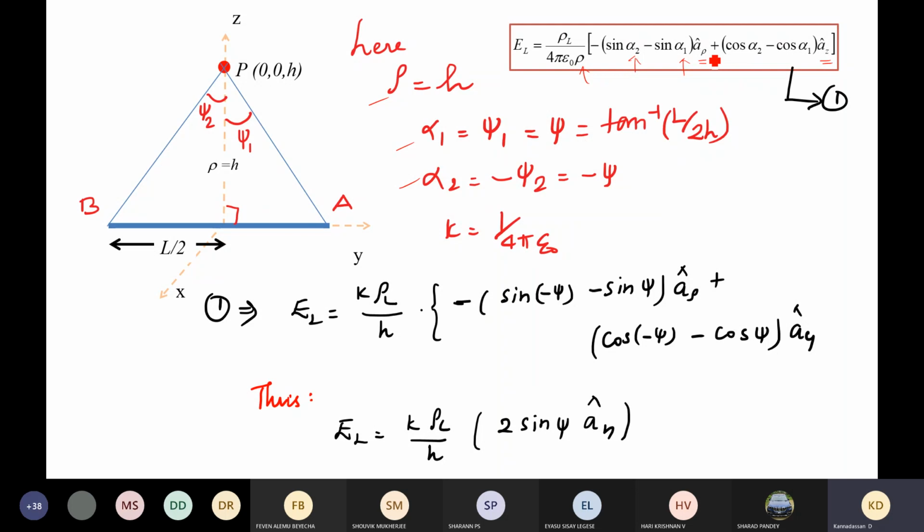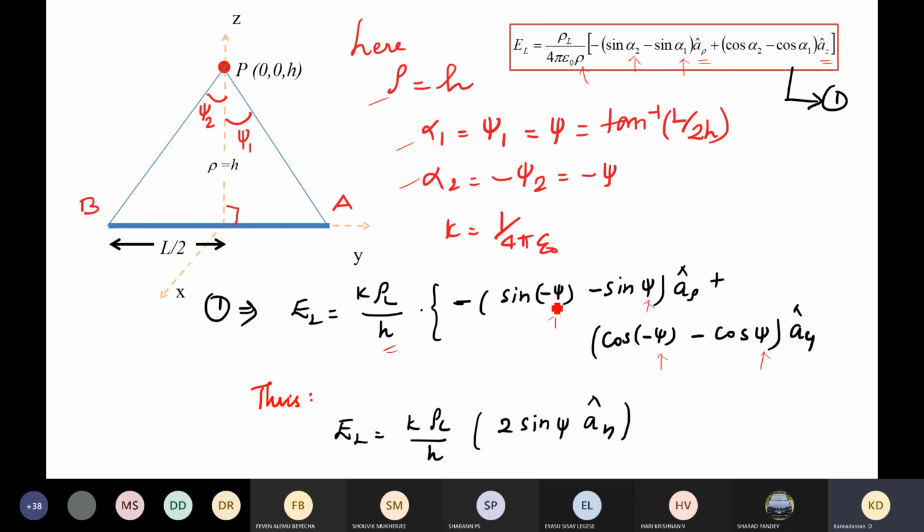For example, we can't take the az vector, because it is supposed to be the ay vector, with respect to this direction. So we are substituting all these expressions in this. Rho we substitute as h, and then alpha 2 and alpha 1.